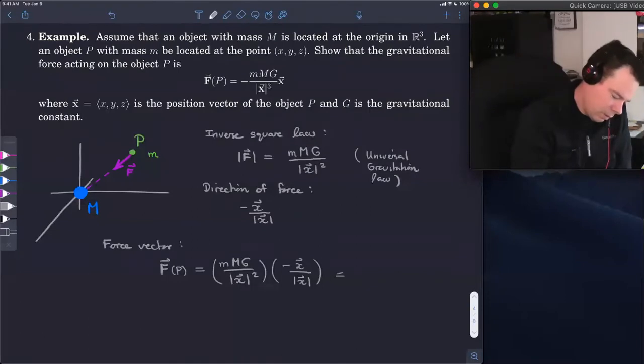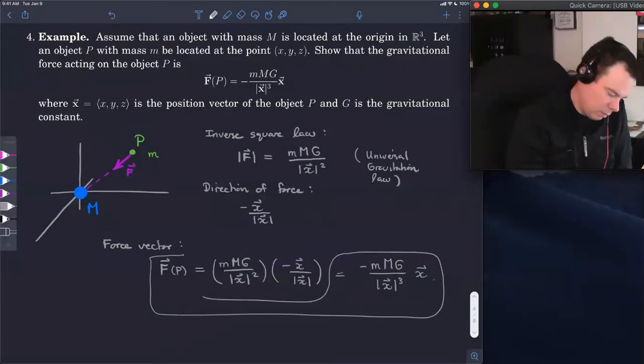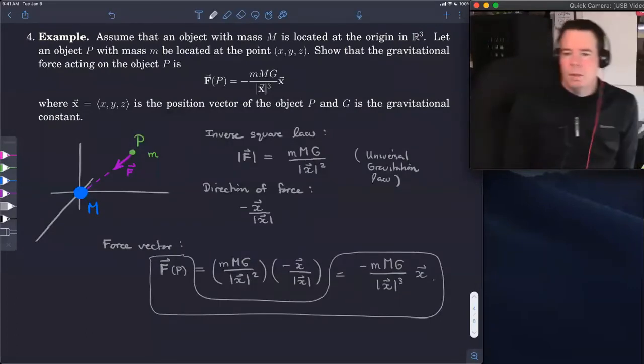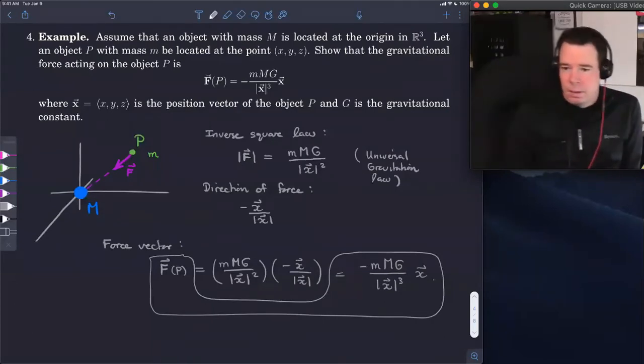And so we can simplify that as negative little m, big M, G over the magnitude cubed of the position vector, times the position vector. And so there is our gravitational force acting on a mass little m at a point P, given that we've got a large mass big M at the origin. So what we've just done here is we've constructed a vector field.